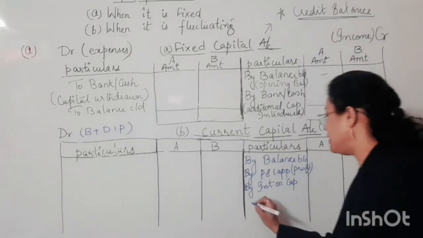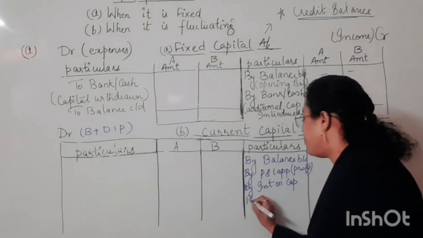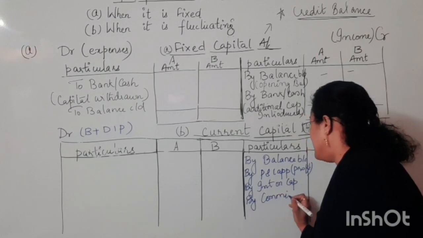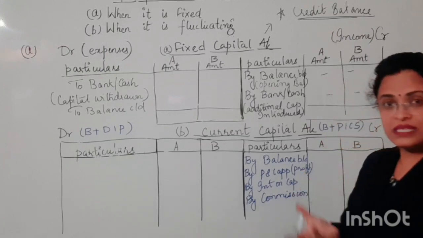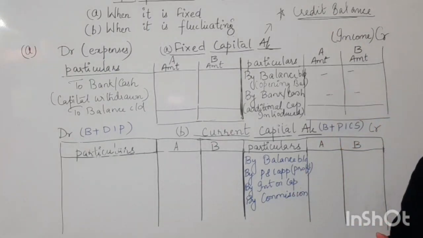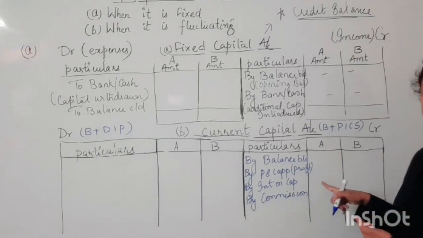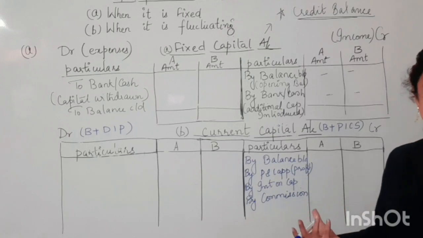Next we have C. C stands for commission, if the partners are entitled to any commission as mentioned in the deed. Whichever partner is expected to receive it, it will be written in that particular partner's column.